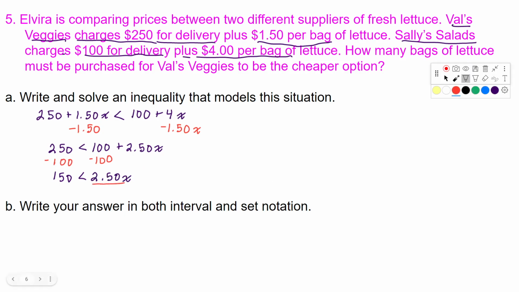Divide both sides by 2.50. And we end up with, not x, we end up with a number is less than x. So 150 divided by 2.50, we have 60 is less than x. So this is actually when x is more than 60.